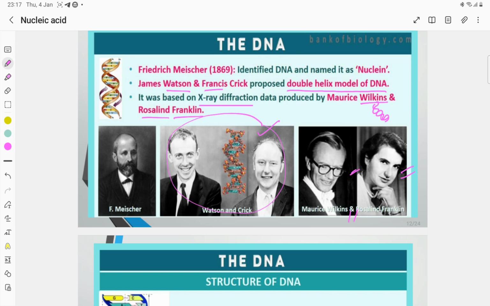So here 3 or 4 pictures need to be remembered. One is Frederick Miescher, the first person who separated the nucleic acid. Watson and Crick, who proposed the DNA double helical structure. Then Franklin and Wilkins, who gave the first-step data using XRD.